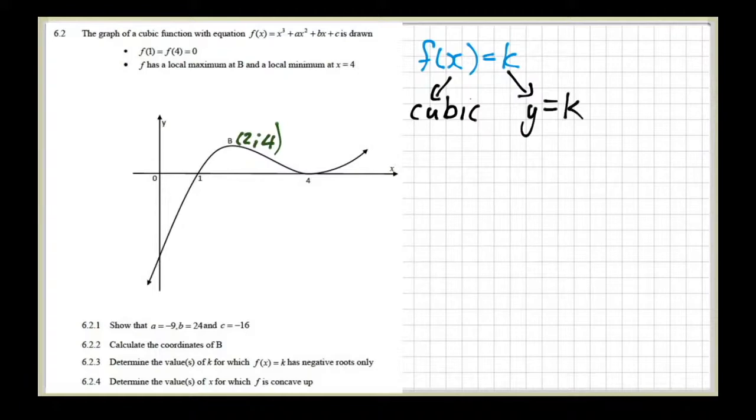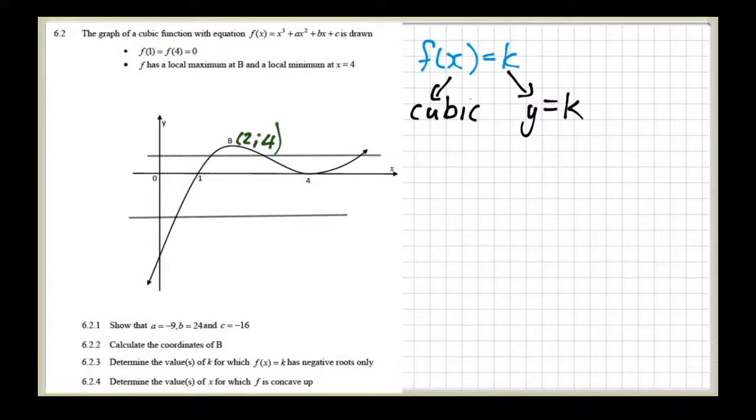Now, y equal to k is a straight line, a horizontal straight line. In other words, it will look, let me just get this a nice little spacing, there we go, something like that. Now, if they're telling me f of x equal to k, it means where the two graphs are intersecting each other.